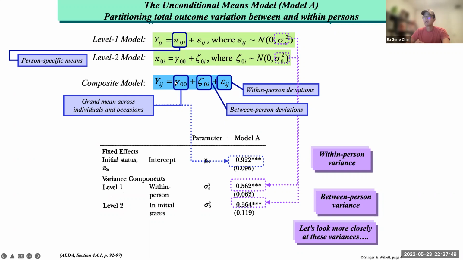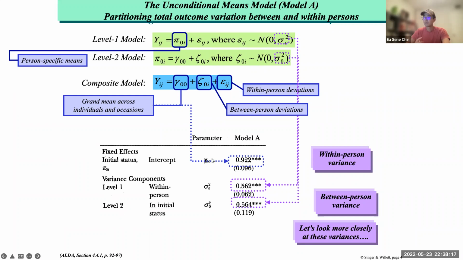It's going to be a function of the grand mean across individuals and occasions, plus zeta 0i, which represents between person deviations, and then epsilon ij, which represents the within person deviations from the level 1 submodel. And this is actually the result of fitting this unconditional means model to the data.